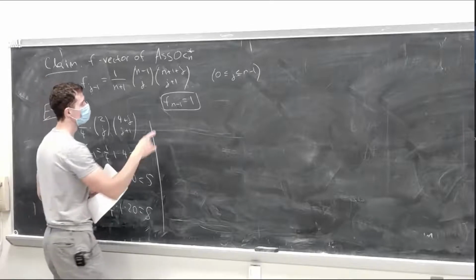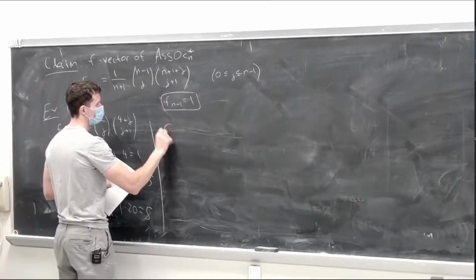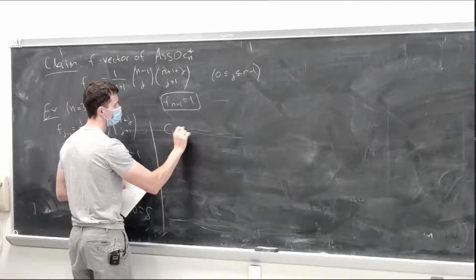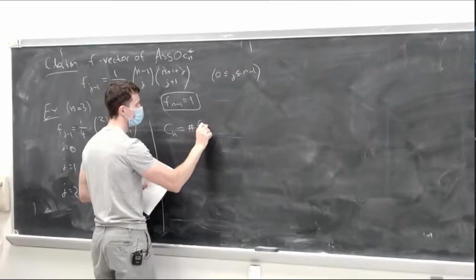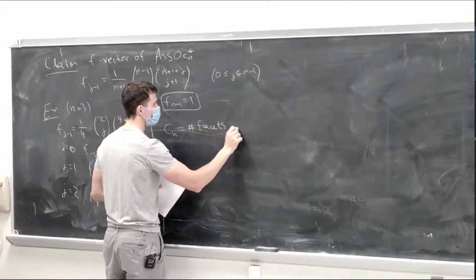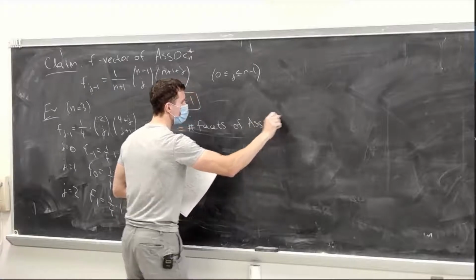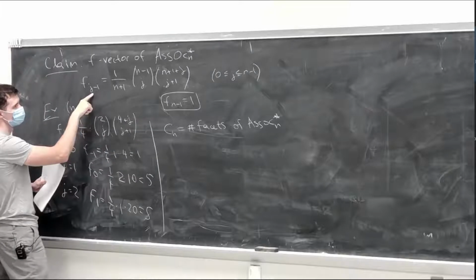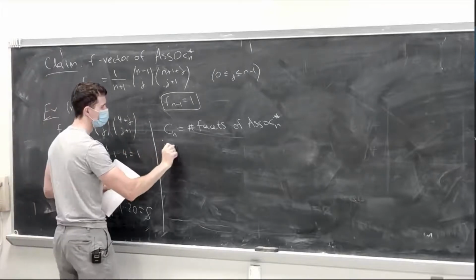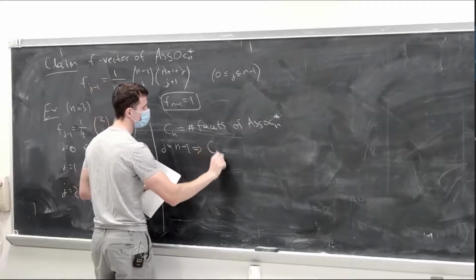In particular, what is the Catalan number? It is the number of vertices of the associahedron, so it's the number of facets of the dual. And indeed, if you want to compute facets, you need to put j to be n minus 1.